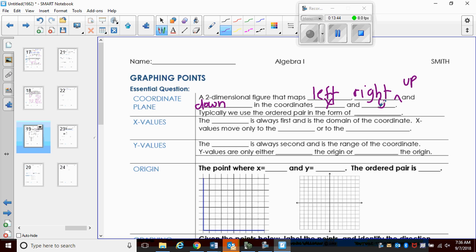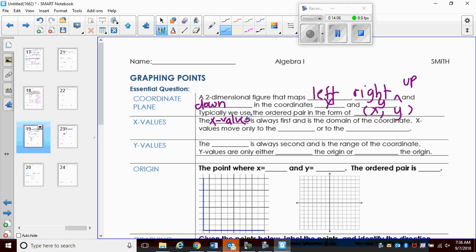And typically we use the ordered pair in the form of x, make sure you include your parentheses, comma y. These are concepts you already know. We're building your language skills so you're better at algebra as we move forward.